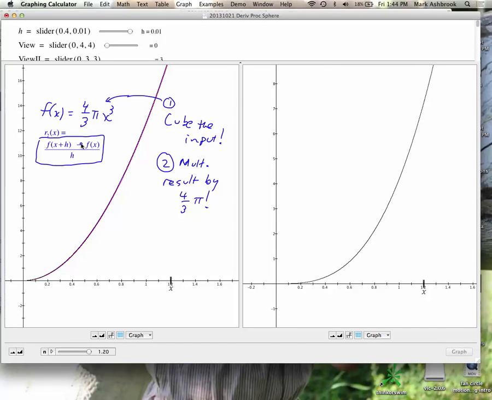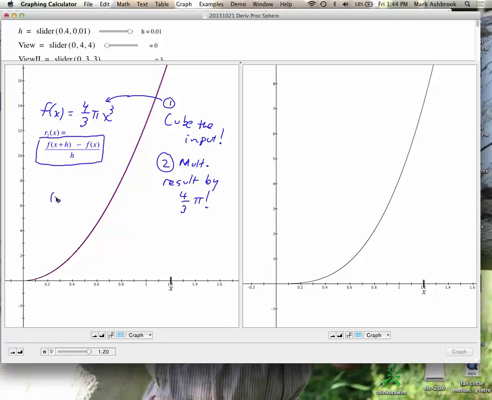So we just look at f of x plus h. What's the input? x plus h. This function says cube the input, multiply the result by 4/3 pi. So f of x plus h is 4/3 pi times x plus h cubed. What is f of x?